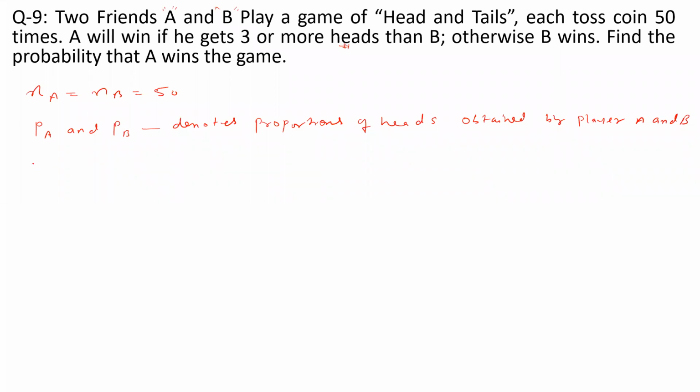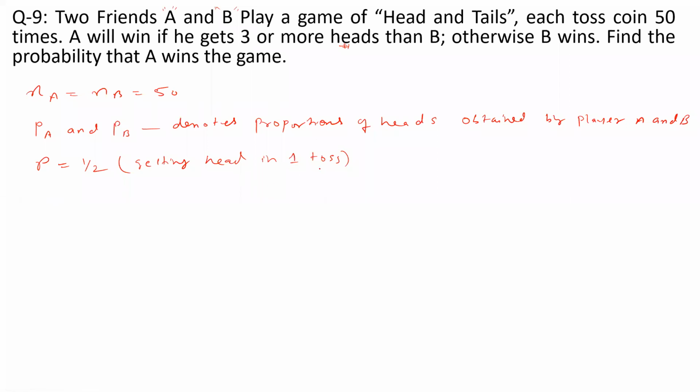So what will be the probability of success of getting one head? It will be half. This is nothing but getting head in one toss. Whenever you have to write the small p value, always write it for one toss.